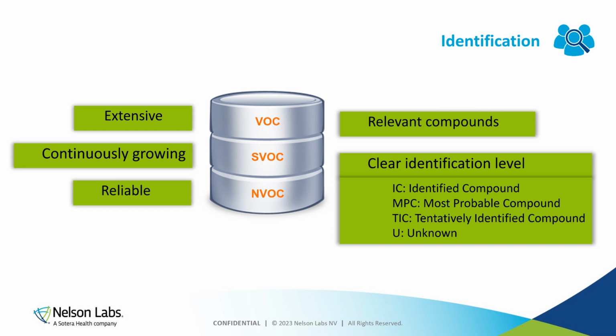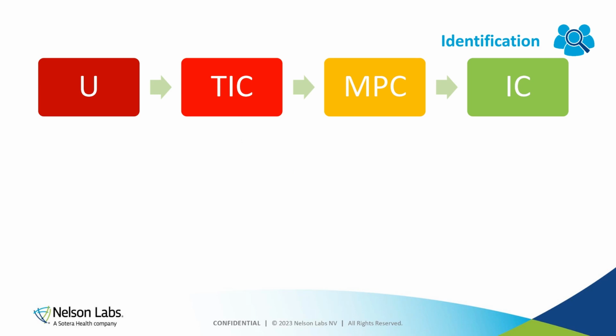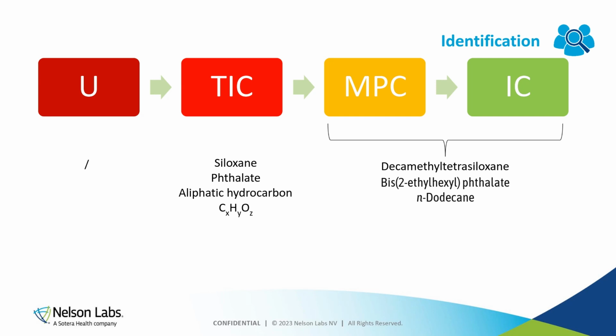Here you can see the 4 identification levels that we use at Nelson Labs for the reporting of extractables and leachables. These identification levels are done according to the classification levels as described in the USP 1663.